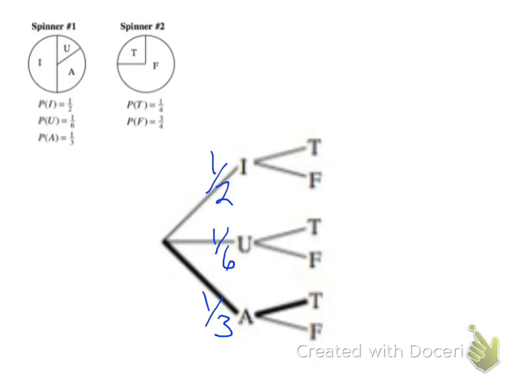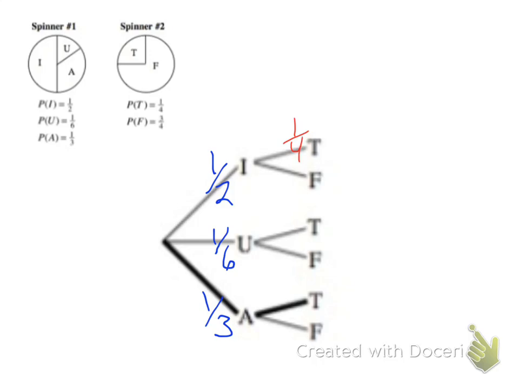So I'm going to fill that in as well, which means this option right here at the very top, the possibility of spinning an I and then spinning a T, is going to be represented by the 1/2 and then the 1/4.